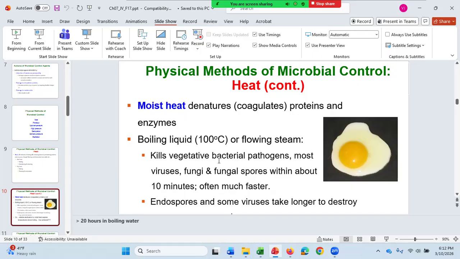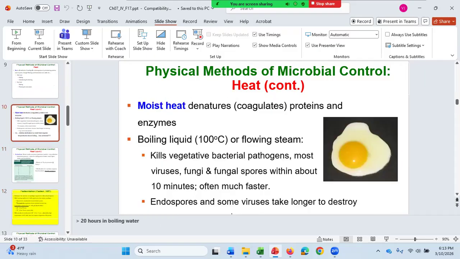Actually, E. coli will die at around 65 degrees Celsius in about 1 minute. So some cells die much faster than others. Other cells, like endospores, and some viruses take longer to destroy. Endospores can last nearly forever in most conditions.